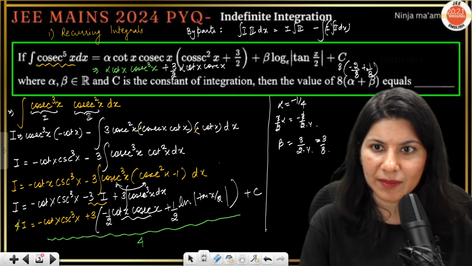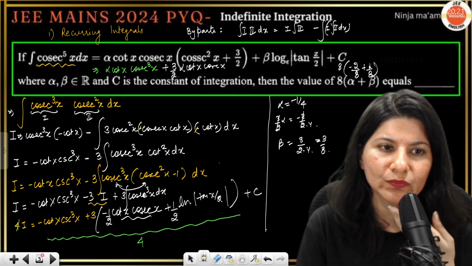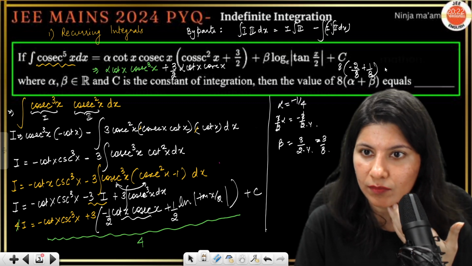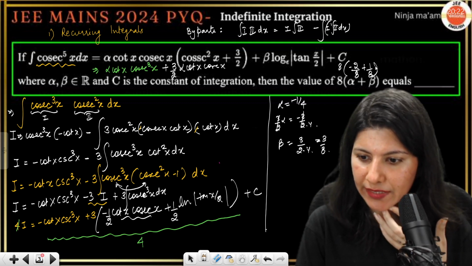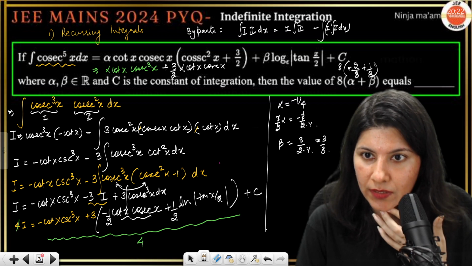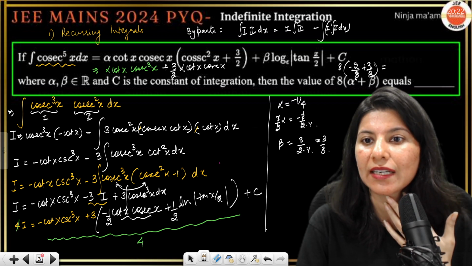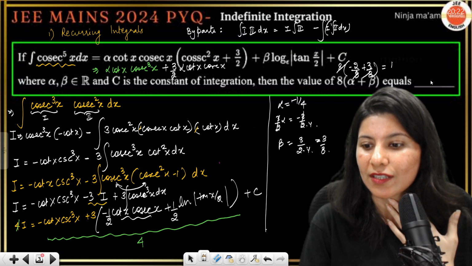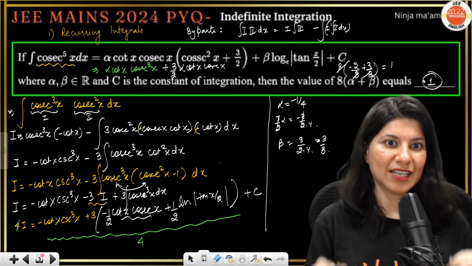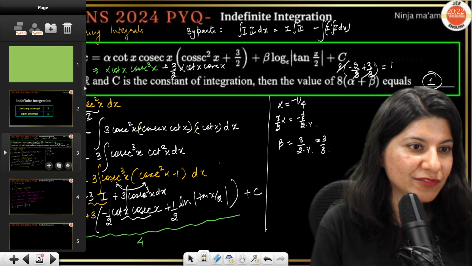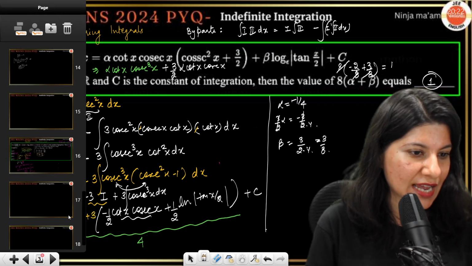So this is going to become, okay, is it coming negative or what? Sorry, this is 3 by 8. Yes. So this is 8 gone to 1. So answer is 1. With this question, we are done with all 5 questions of indefinite integration.